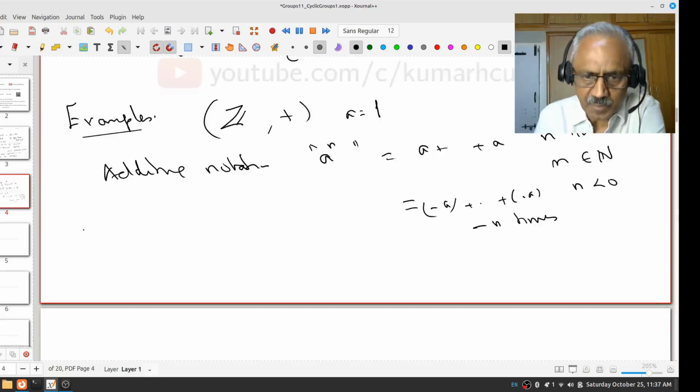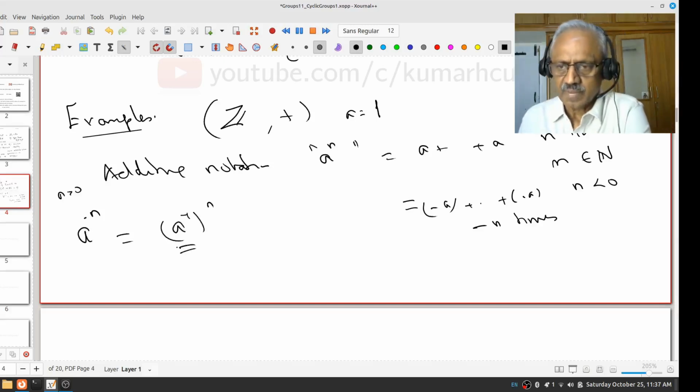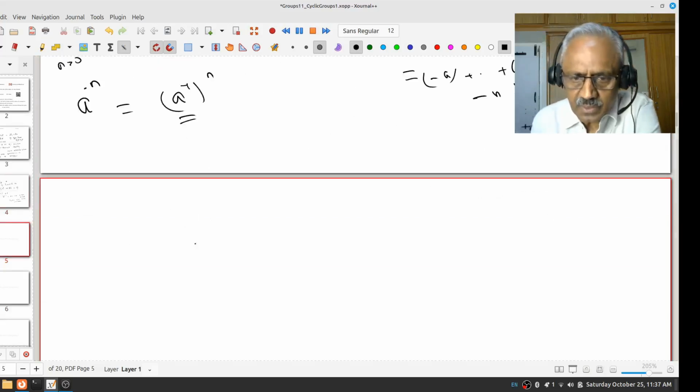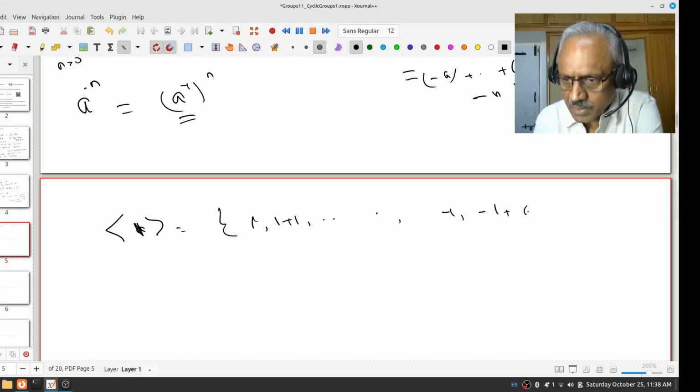That's how we interpreted it. Do you remember? A to the power minus n, if n is positive, how did we define it? We defined it as the nth power of a inverse. And in the additive notation, a inverse is minus a. Is that clear? Therefore, what is the subgroup generated by 1? It is 1, 1 plus 1, etc., and minus 1, minus 1 plus minus 1, and so on.